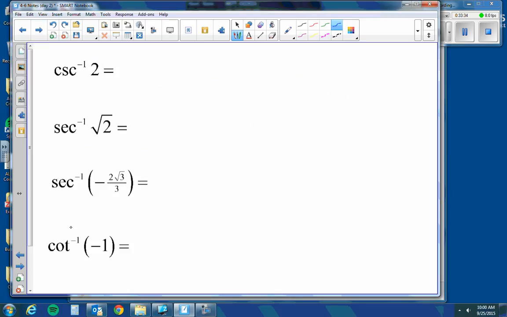All right, let's finish this. Here, and I want you to understand, cosecant, just rewrite it as the reciprocal. Reciprocal of cosecant is sine. Reciprocal of 2.5. And then, yeah, it's just pi over 6.